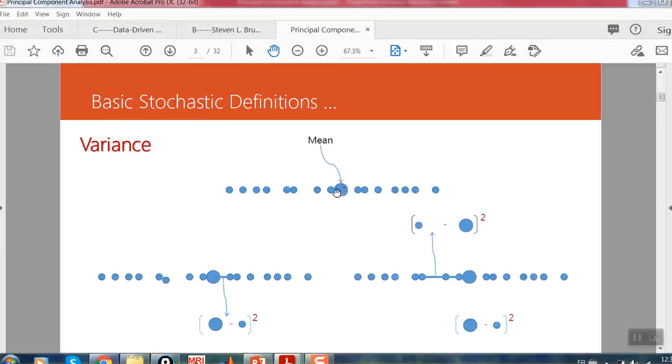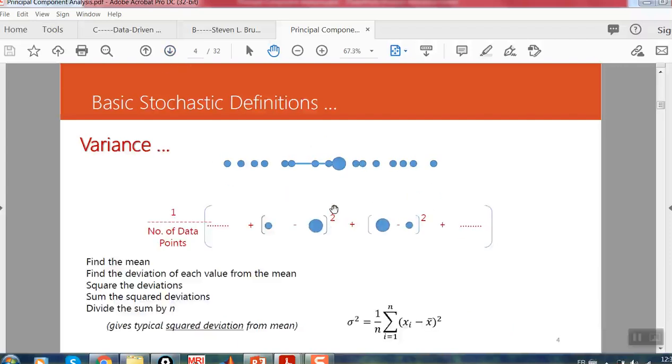For example, if here is the mean, then we calculate the distance between the mean and each data point, and then we raise it to the power of 2. For each data point we calculate this, and then finally we sum all these squared distances and divide by the number of the data.